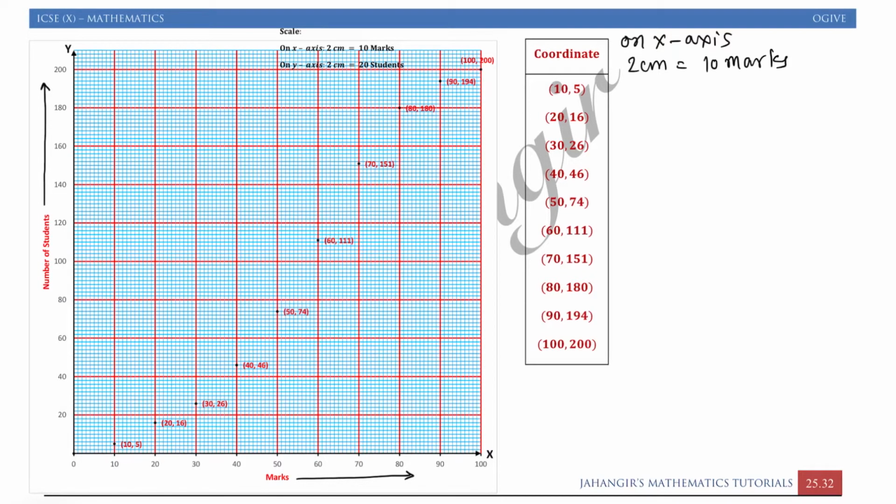On the y-axis, 2 centimeter is equal to 20 students. Okay? So just label out the x-axis, y-axis, write the scale. If everything is done, just plot all coordinates with a dot and circle and write down their coordinates properly.